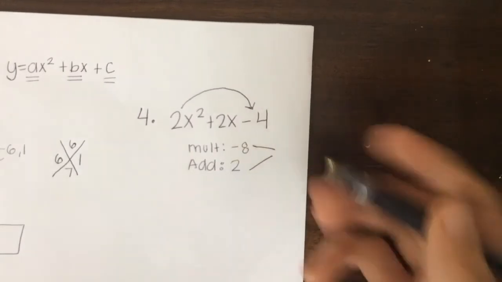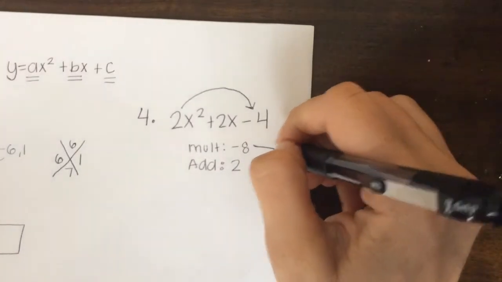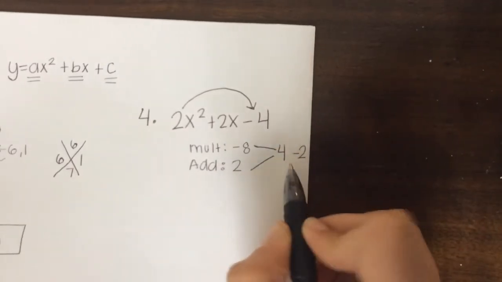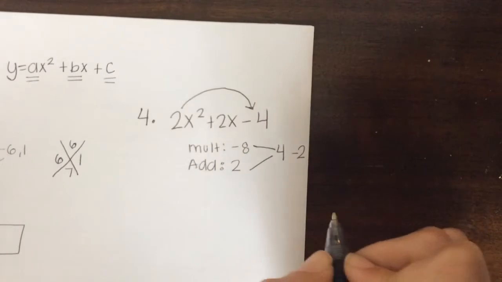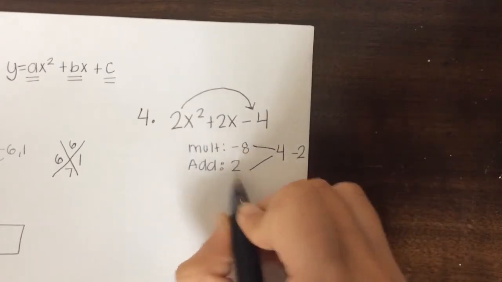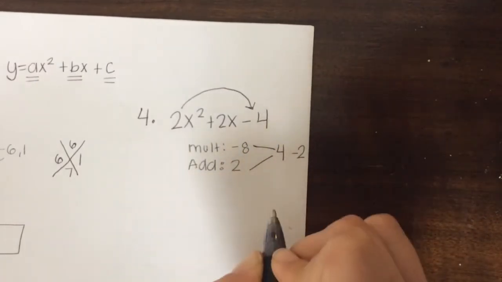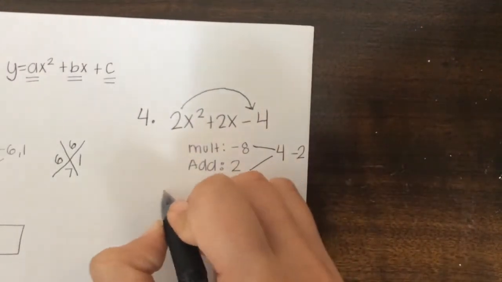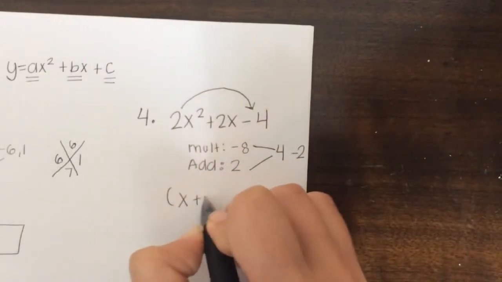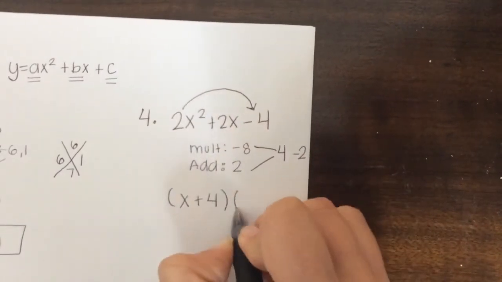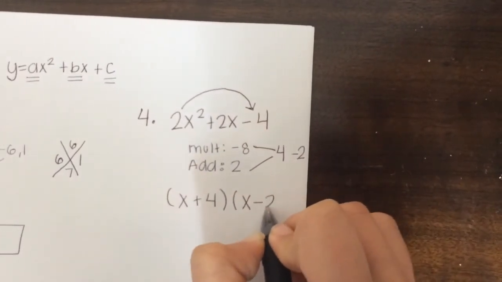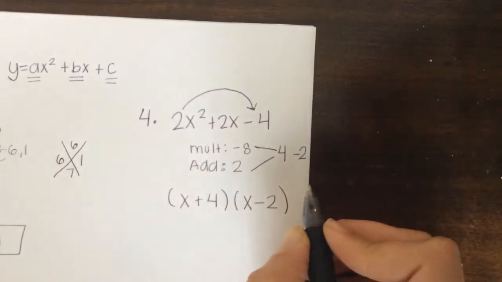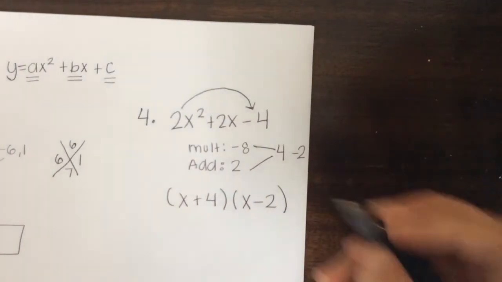So I'm going to make the 4 a positive number and the 2 a negative number, because that's the combination that will add to give me a positive 2. So we want the bigger number to be positive since we need it to add to be a positive 2. So 4 and negative 2. So this gives me x plus 4, since it's a positive 4, x minus 2 because it was a negative 2. So we put that negative 2 in the form of a minus sign in our factored form.